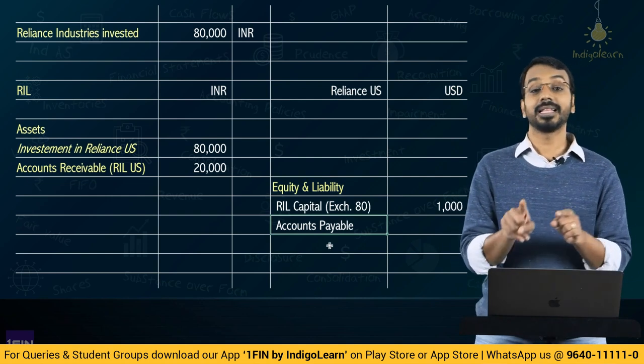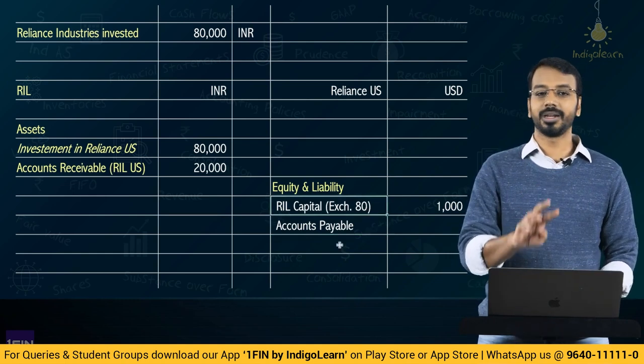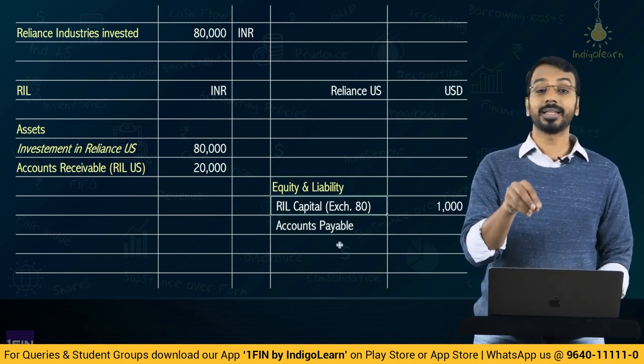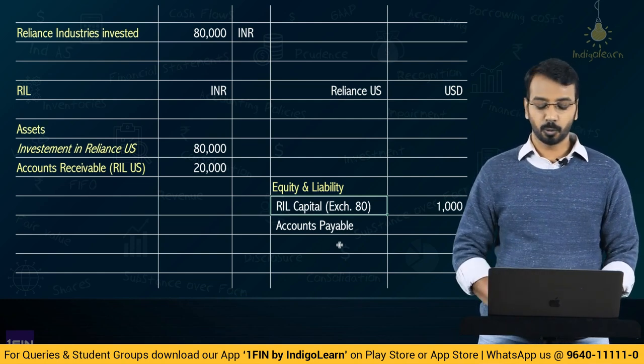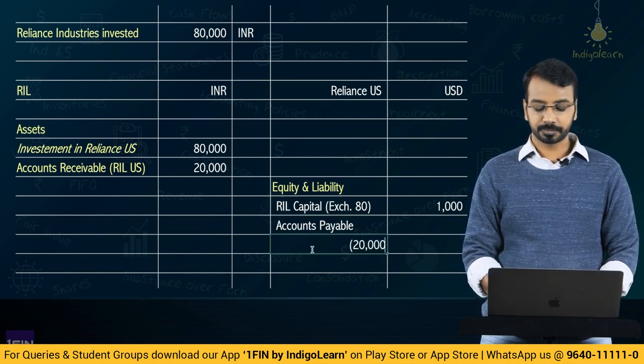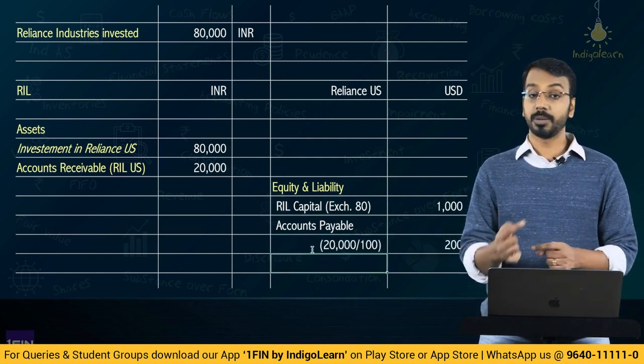Say when the transaction happened, the rate was 80. Now, because of a lot of changes, the value at the end of the reporting period is 100. So here accounts payable is 20,000 divided by 100, which is 200. Accounts payable is 200.